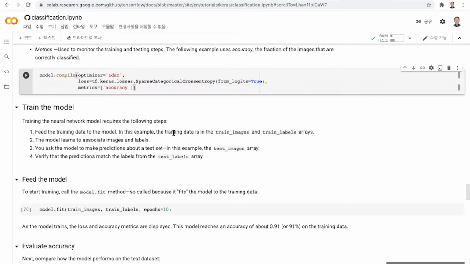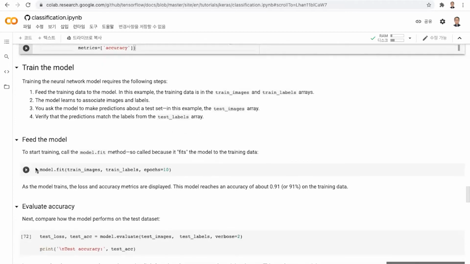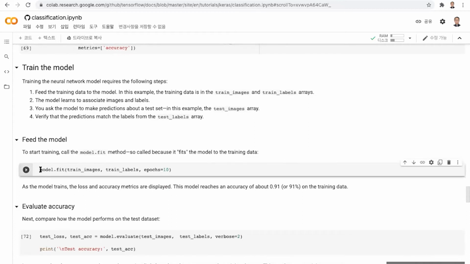The last step is fit, by providing actual X and Y and the number of epochs. So this is model.fit. Train images is our input data, and train labels is our output data. And we want to run it for 10 epochs.